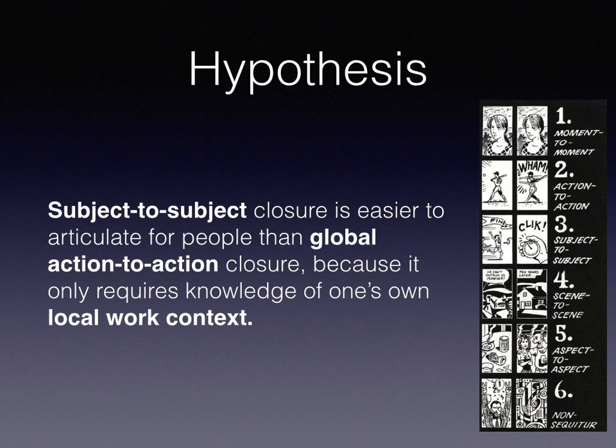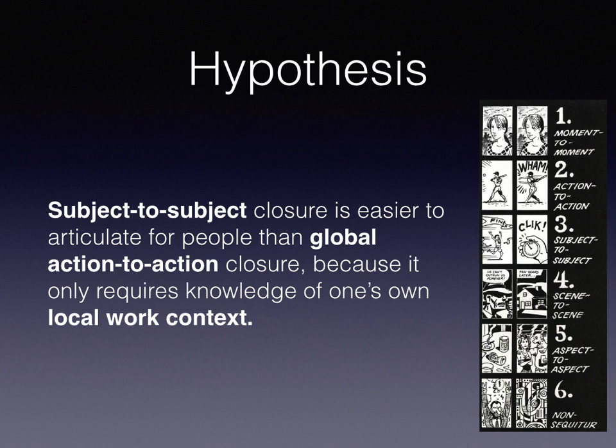The hypothesis that is the basis of the work I'm presenting here is that subject-to-subject closure, so not requiring a global overview of the work process, but only a local context, is easier for people than, as I said, the global action-to-action closure that would require this bird's-eye view about the overall work process.